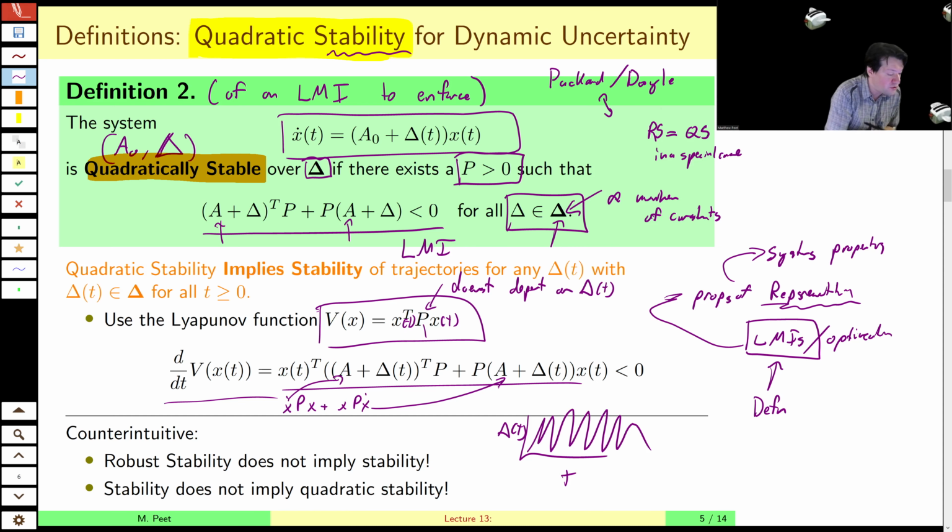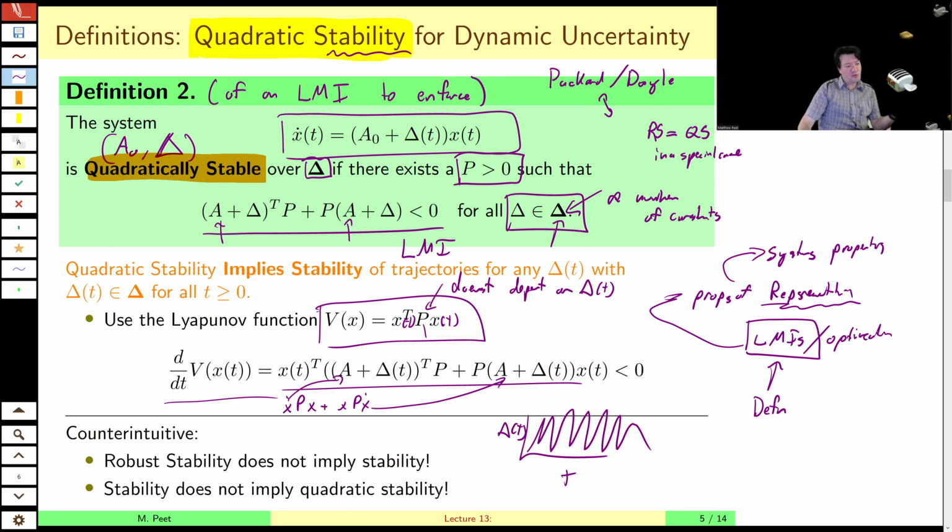And then there's no third term, right? So what this really means is that there's a single Lyapunov function, which is always decreasing no matter what value delta takes, right? So that's interesting. A single Lyapunov function which works for every possible value of delta.